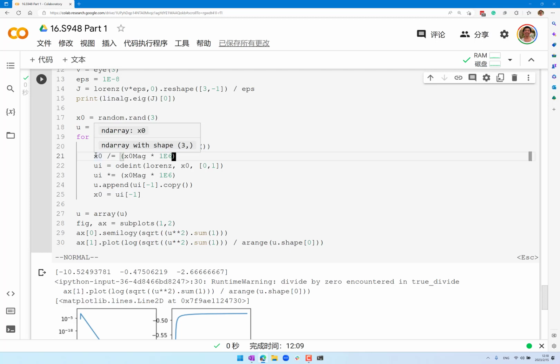Otherwise, we are going to have truncation errors. And 10 to the minus 6, at least for the Lorenz system, seems to be the sweet spot of shouldn't be too far away, shouldn't be too close.